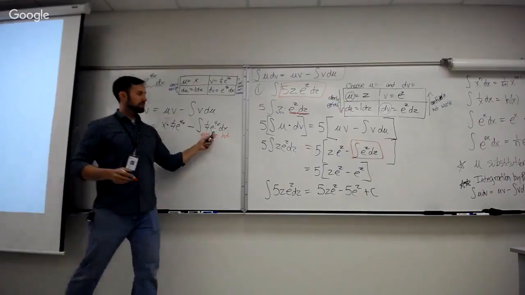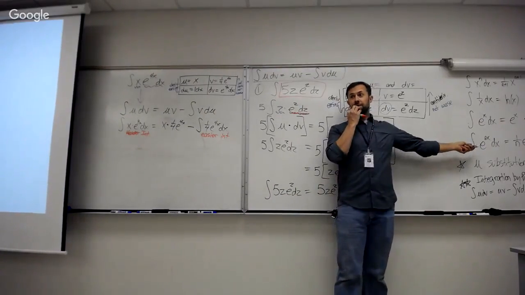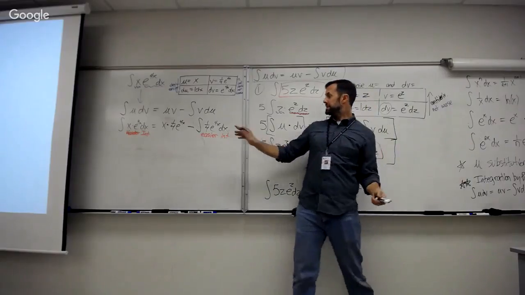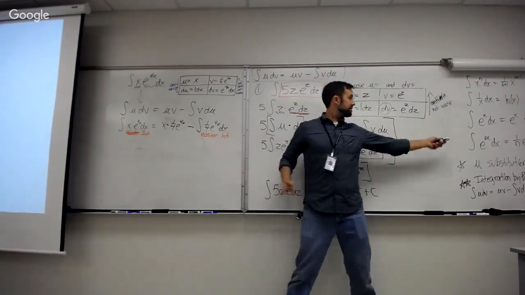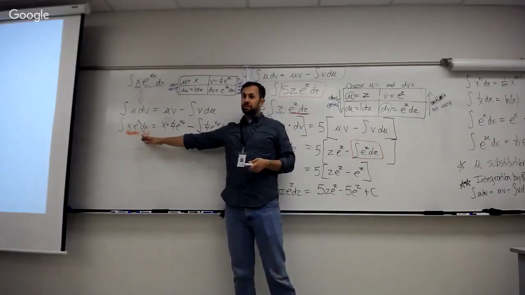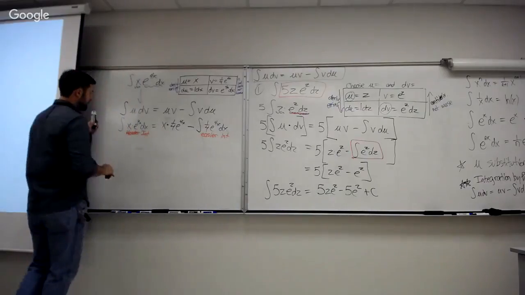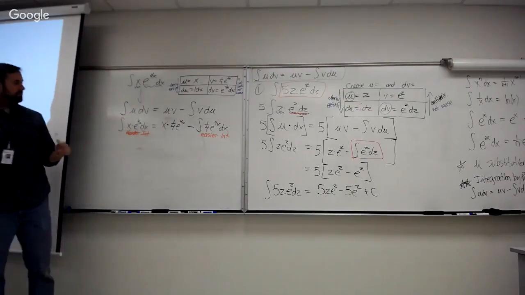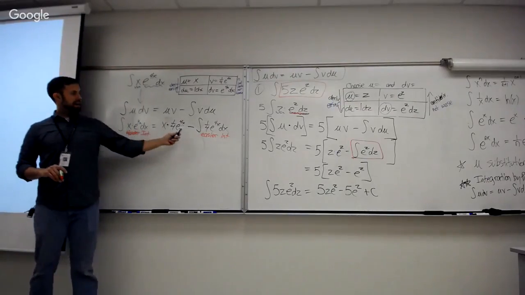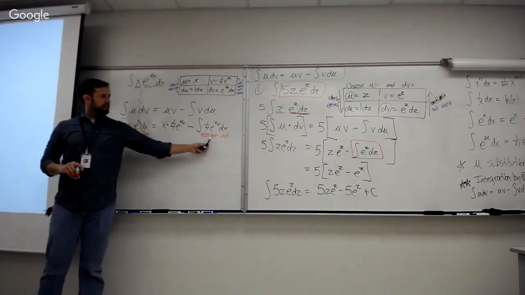Do we have a formula for e to the 4x? Yeah, we do have a formula for e to the 4x. So this integral is going to be easy to do because we have a formula for it, whereas this integral was harder. We didn't have a formula for it. And that's the whole point of integration by parts, is to take a hard integral that we don't have a formula for and to rewrite it as the difference between a regular algebraic expression and an integral that's easier to solve.